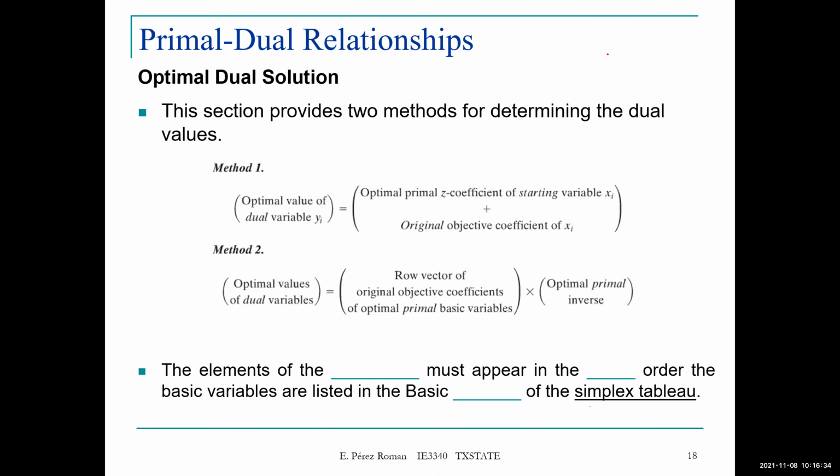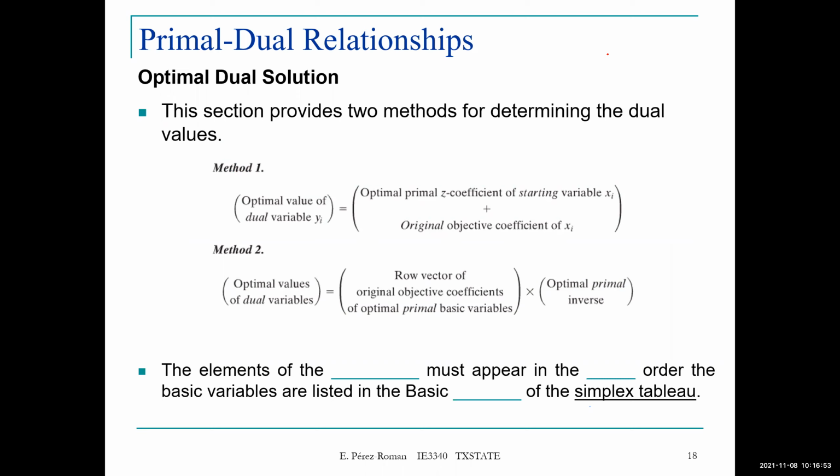This section provides two methods for determining the dual values. So for example, if you have the solution of the original problem and you want to know the solution of the dual problem, these are two methods for obtaining it.